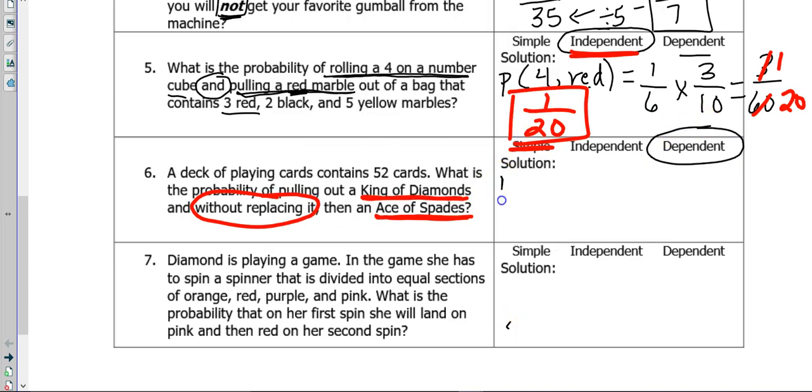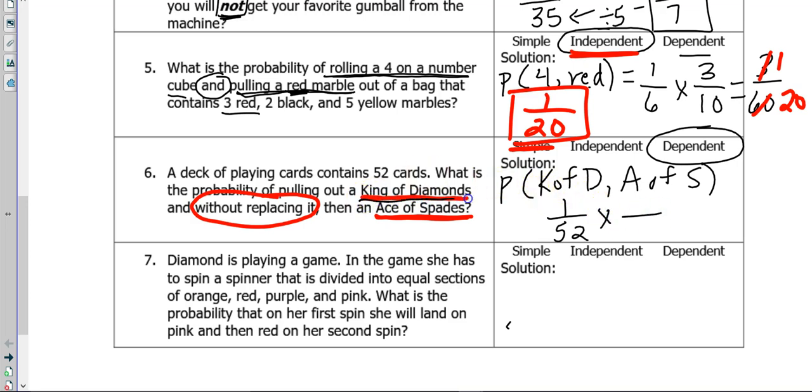All right, so we're looking for the probability of a king of diamonds and then an ace of spades. There's only 1 king of diamonds in a deck of 52 cards. And an ace of spades, there's only 1 ace of spades, but once we take out the king of diamonds, you have 1 less card. So instead of 52 cards, I now have 51 cards, in which there's only 1 ace of spades.